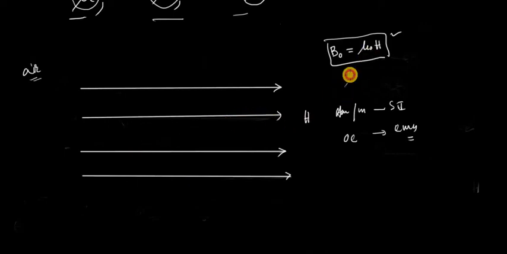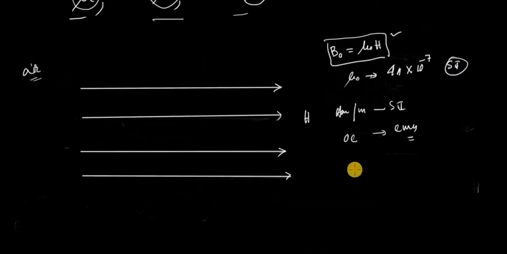This mu 0, which converts the magnetic field intensity into magnetic lines of force per unit area, is called magnetic permeability in free space, and it is defined as 4 pi into 10 to the power minus 7 in SI.